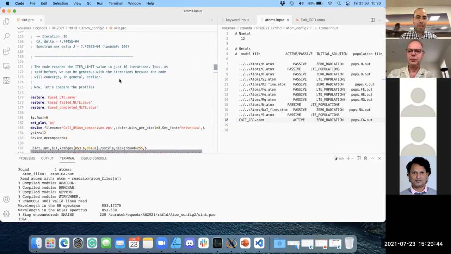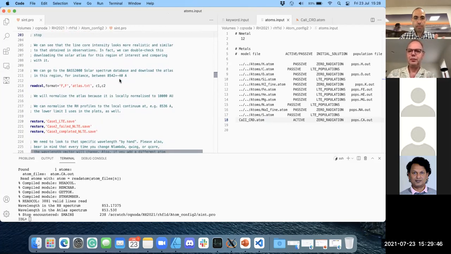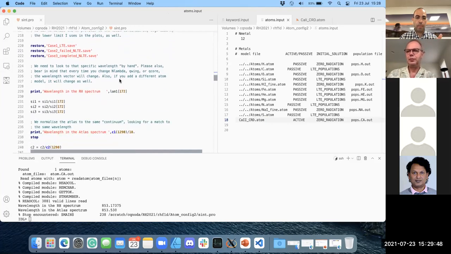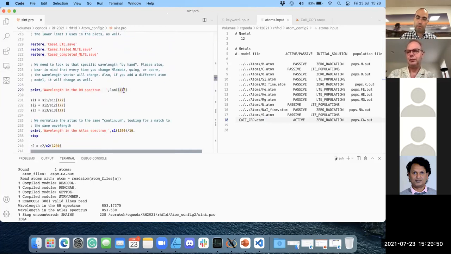But my comment was in the direction that even if we have found this wavelength now, please be aware that if you change the atomic configuration, I mean, if you change the wavelength points, this will change. If you change QWin or QCore, it will also change because they will be distributed differently.